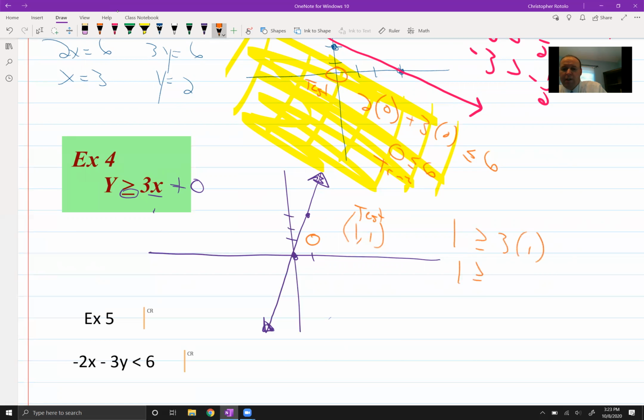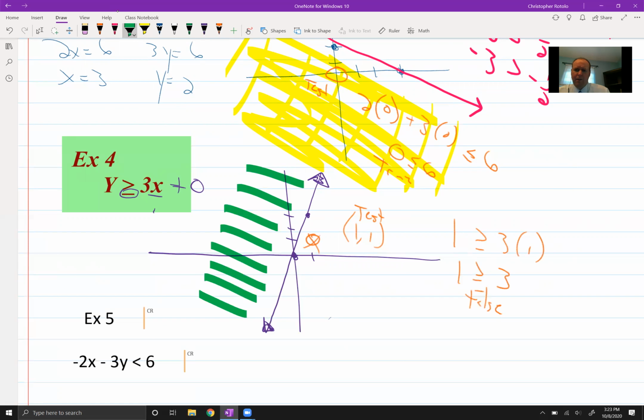Is 1 greater than or equal to 3? No, that's false. This point is no good. So what side of the line is good? Well, the other one. We don't go over the answers to true, false. It's the other one. So if it's false on the right-hand side, on the left-hand side, it is true.